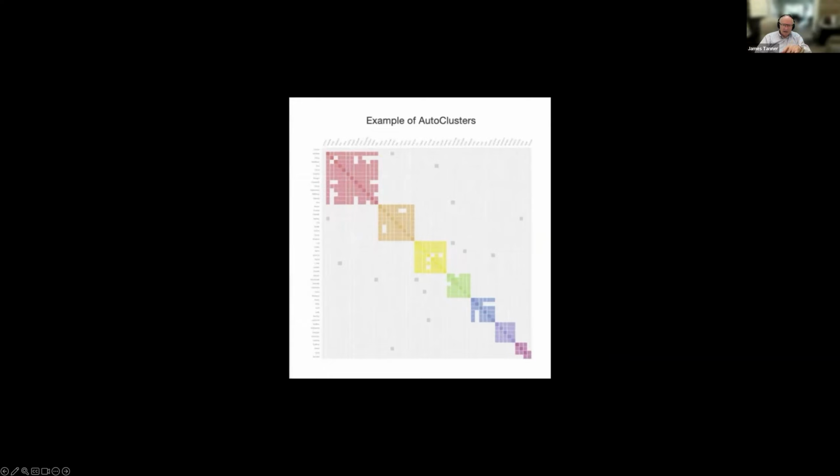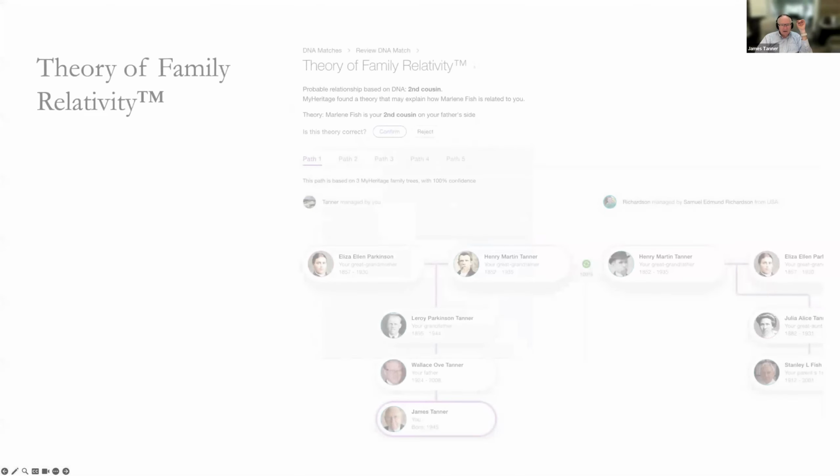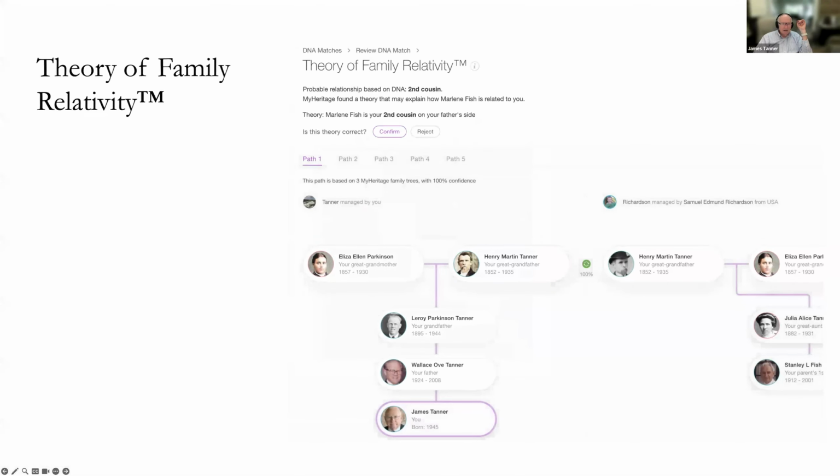As you go down, the possibility of finding the person becomes more and more remote. But if you have family trees with a number of those people, it's fairly easy to come up with a common ancestor. MyHeritage has also done that work for you, and it comes out in a different part of it, called the Theory of Family Relativity.